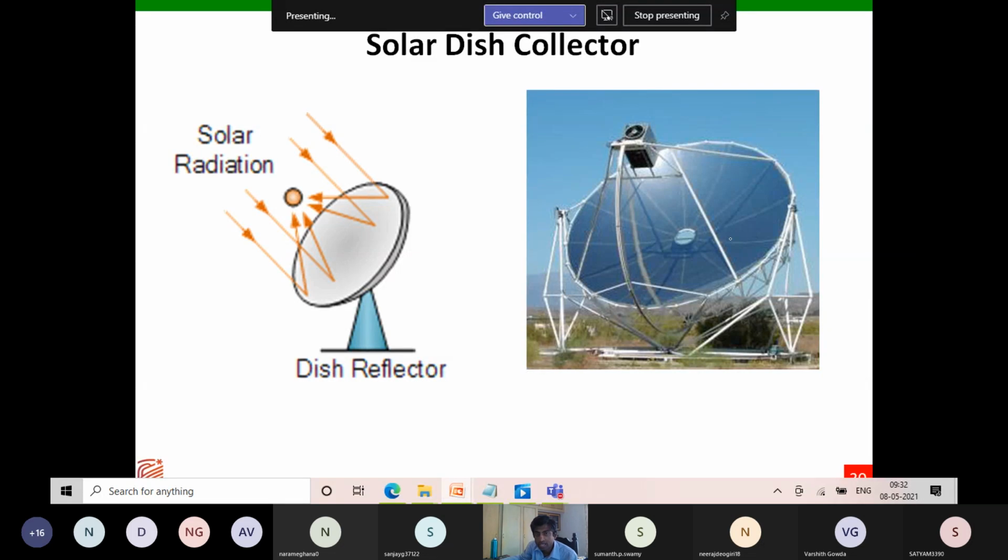You might have seen that some cable TV suppliers, like Sun TV, Udaya TV or Airtel, also supply this kind of small dish, which helps in focusing. In that case, signals are sent to the satellite, and from the satellite they are beamed onto the dishes, and then we get the signal for telecasting various channels on the TV. Here a similar kind of technology is used.